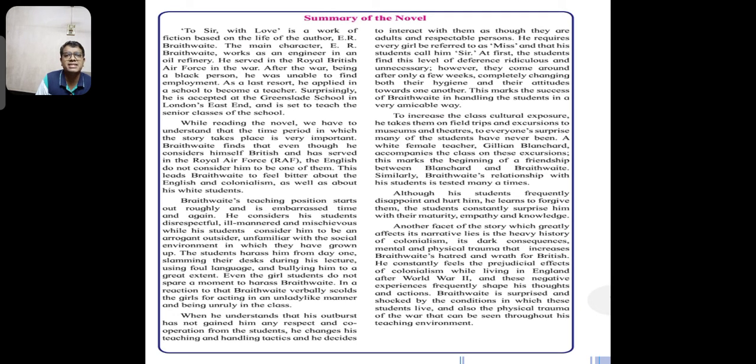So it definitely changed his attitude, because British society was not ready to accept Braithwaite, a black Ghanaian who served in the Royal Air Force during the Second World War. He was still not acceptable to British society, and this made him bitter and harsh towards the society.